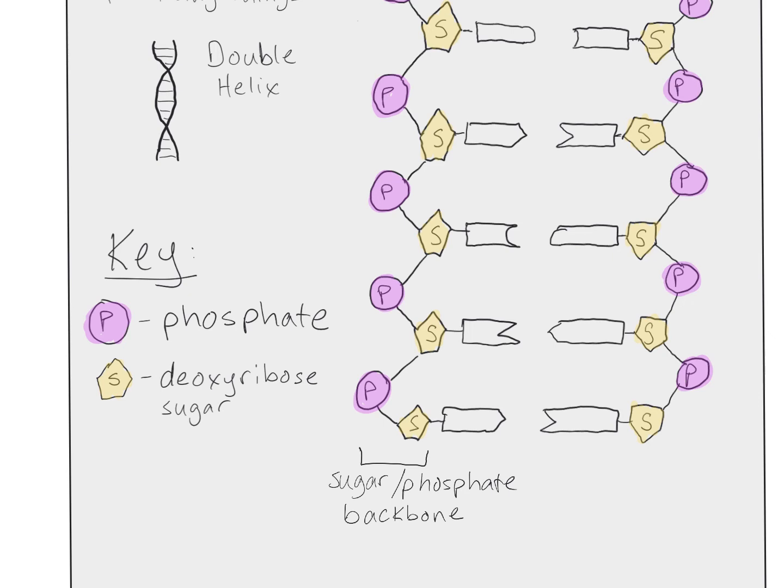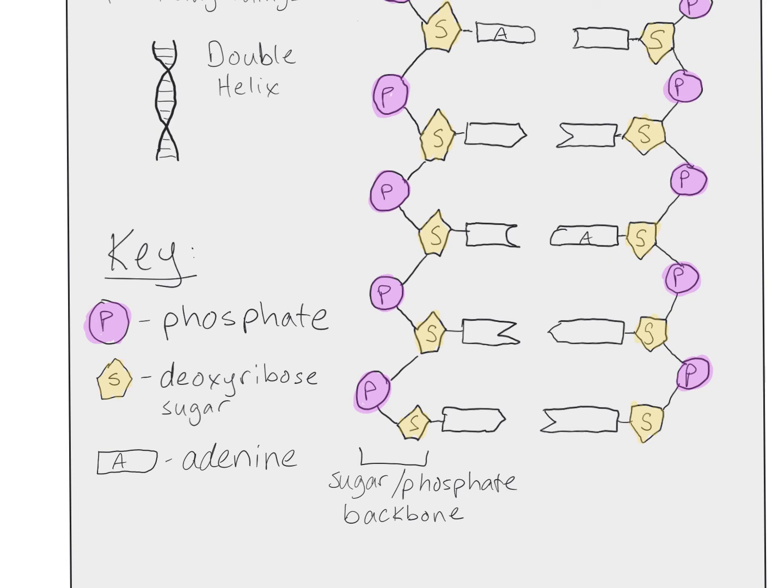All right, so now it's time to talk about these rectangle things in our key. So let's start with the one that we drew first that was sort of rounded at the end. We're going to add an A for that, and this is one of 4 bases in DNA. And this one is called adenine. All right, so we go up to our model, and let's see, we had an adenine right here, and then we had one on the right side.